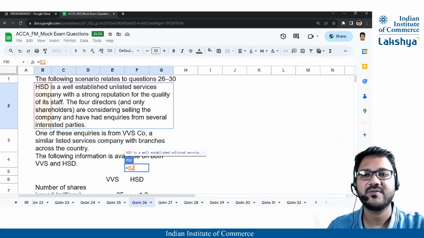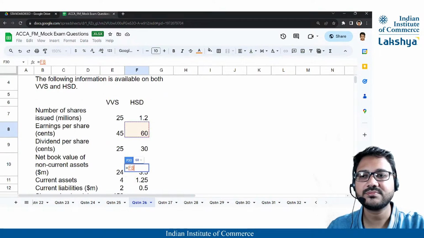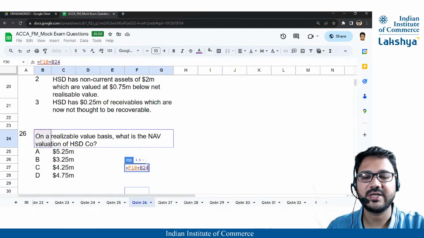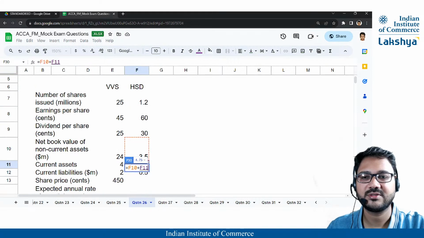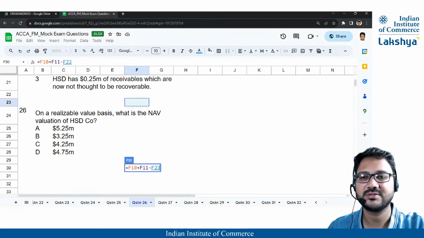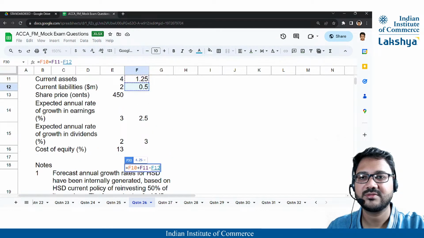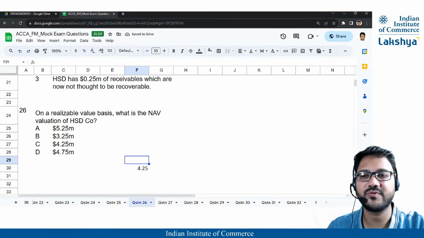HSD company, we'll add up all assets. Now in the assets, we have non-current assets that are long-term in nature, plus current assets. There is no other asset, so minus current liabilities. Normally you would just do 4.25 and people just mark 4.25.